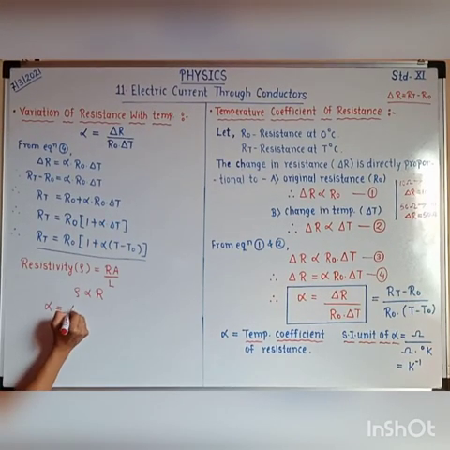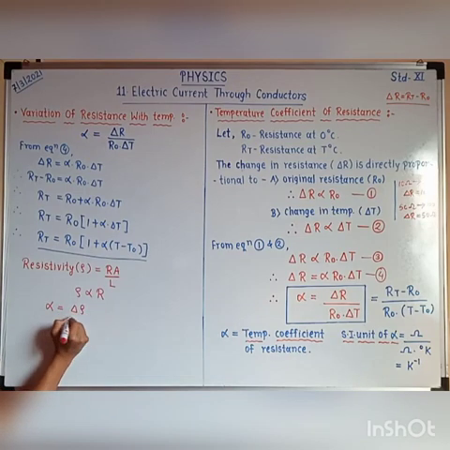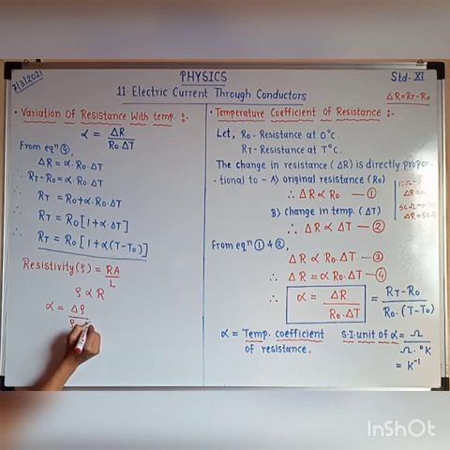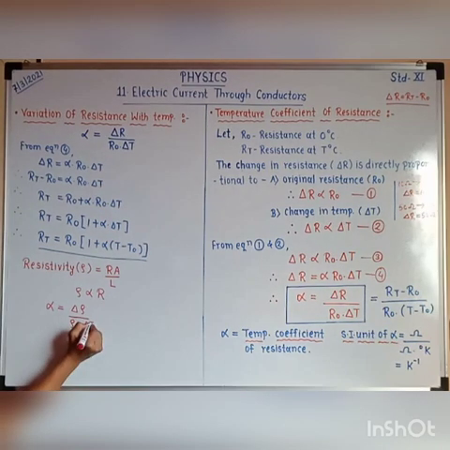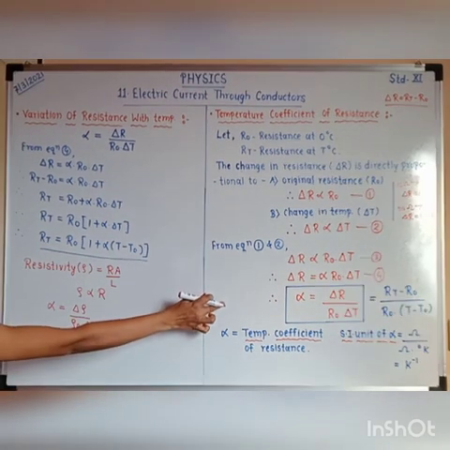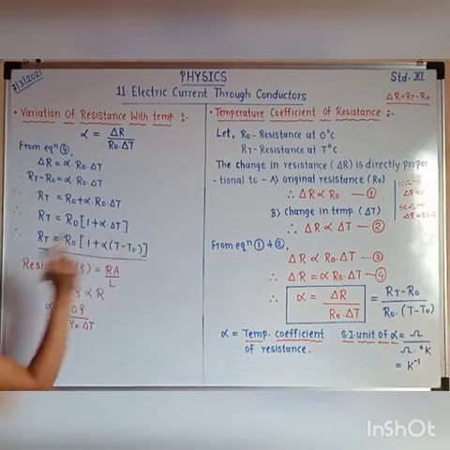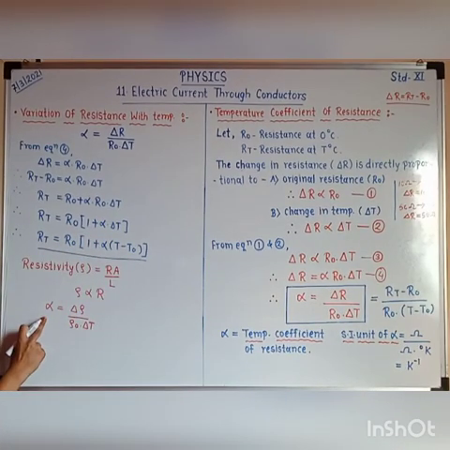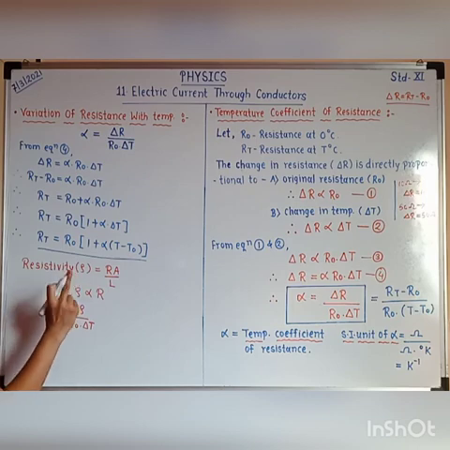Now this is the temperature coefficient in terms of resistivity. So we can write alpha is equal to delta rho divided by rho 0 into delta T. This is the temperature coefficient in terms of resistance, and this is the temperature coefficient in terms of resistivity.